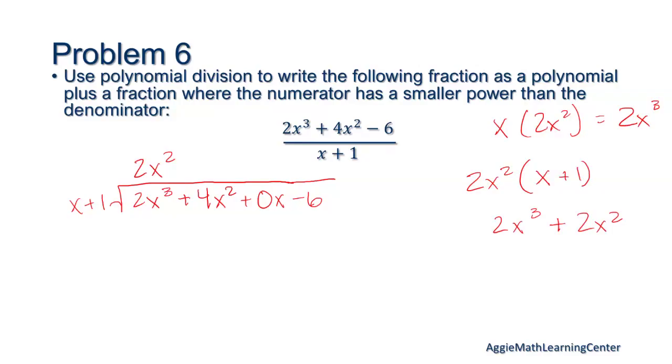Then we're going to take this new expression and subtract it from our numerator, the number inside of our division symbol. So we're going to subtract 2x cubed plus 2x squared from 2x cubed plus 4x squared minus 6. That's what switches our signs, and we're going to have minus 2x cubed minus 2x squared.